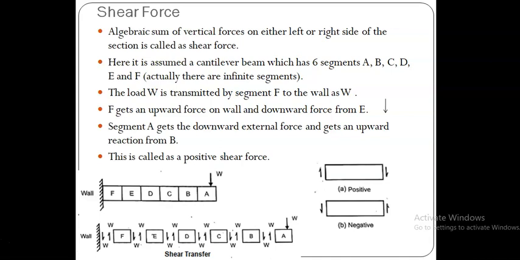The shear force can also be calculated as the algebraic sum of vertical forces on either the left or right side of the section. So here let us assume a cantilever beam which has 6 segments A, B, C, D, E and F, and at its end A it is subjected to a force W. Actually there are infinite segments.